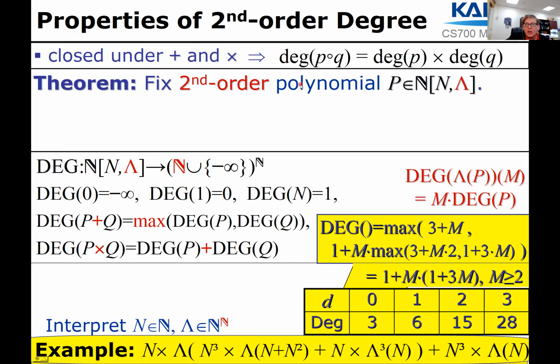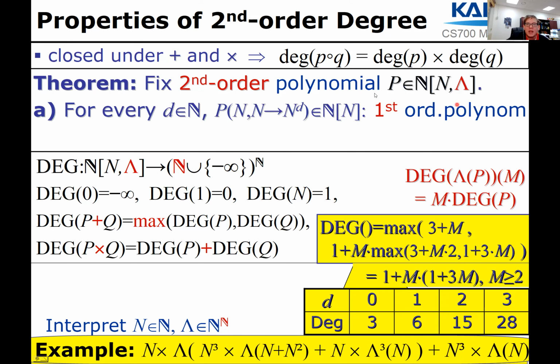If we fix a second order polynomial p in two variables, n, the first order variable, and lambda, the second order variable, then for every natural number d, when we plug in this particular second order value for the second order function lambda, then we obtain a first order polynomial.